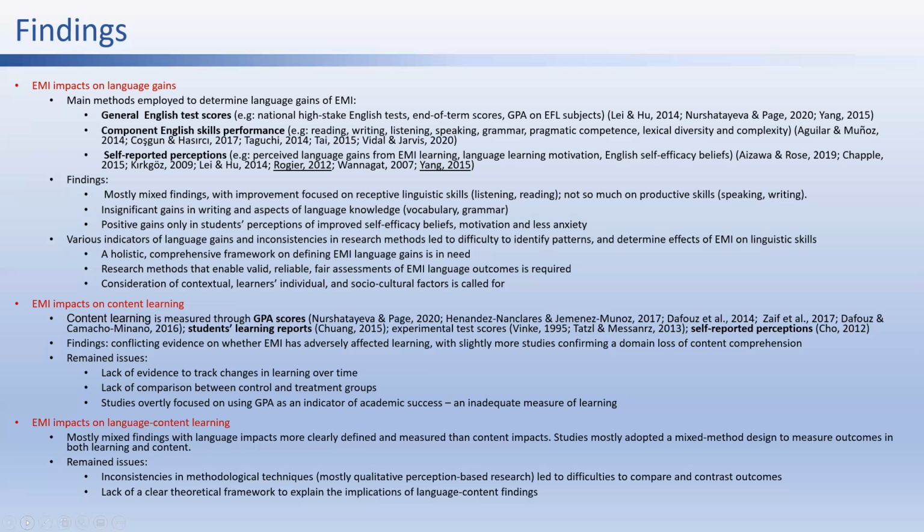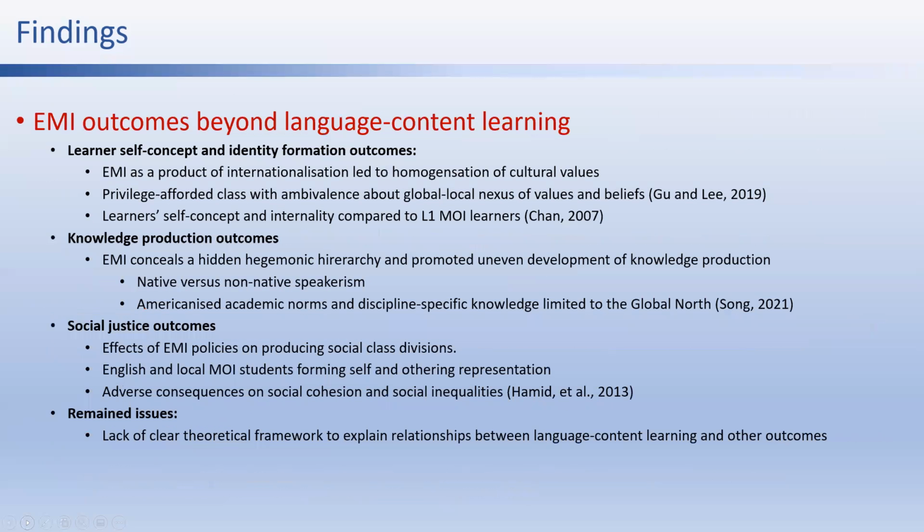Most of them are qualitative, perception-based research, which makes it very difficult to compare and contrast between different contexts and different outcomes. And also there's a lack of a clear theoretical framework to explain and interpret the implications of language and content learning outcomes.